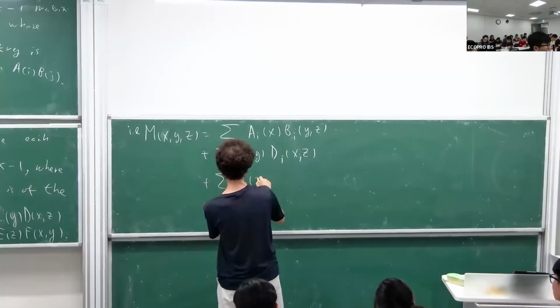Each time I'm intersecting U with some new subspace, adding a new equation to it, the dimension might drop by 1. So the dimension of this is at least the dimension of U minus the number of constraints I added, minus k.